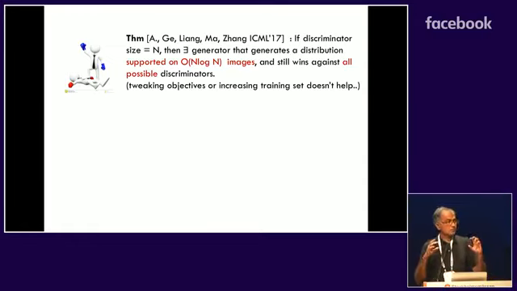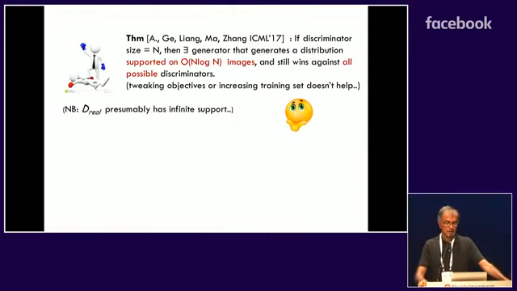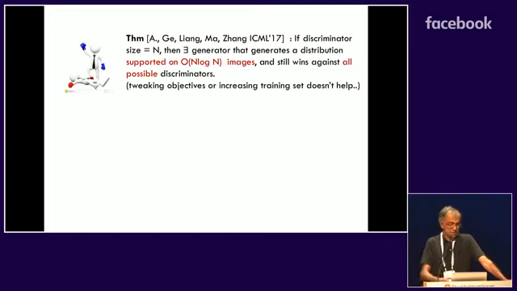So the problem is with the size of the discriminator. And of course, the discriminator is always going to be of some modest size, a few million parameters. This is not saying that GANs can't learn new images. It's allowed to learn new images, but it's not needed to win the game to learn a lot of new images.